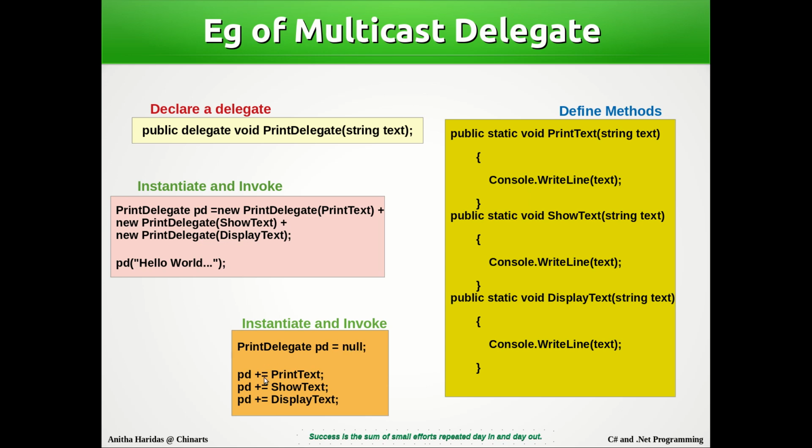Then I combine print text, then show text, then display text. So automatically PD is now combined with three delegates that have print text, show text, and display text as their methods. So this is another way of instantiating and invoking.